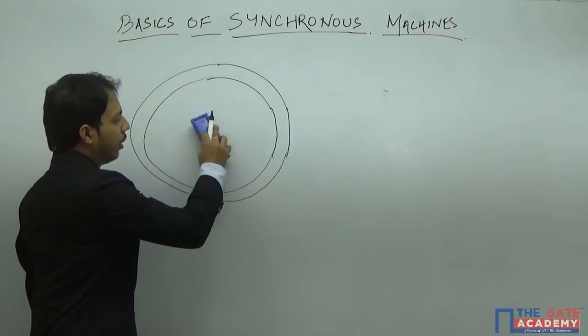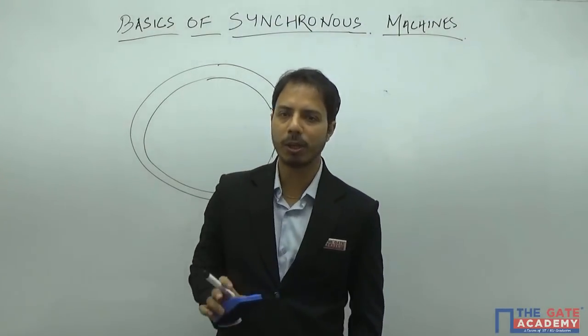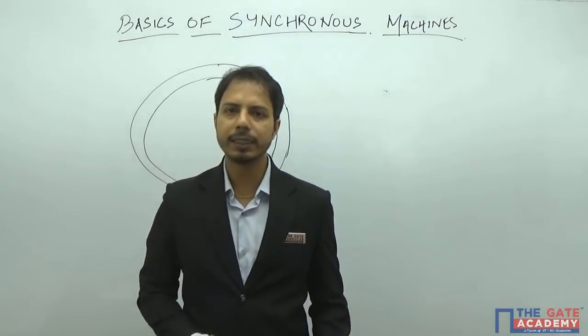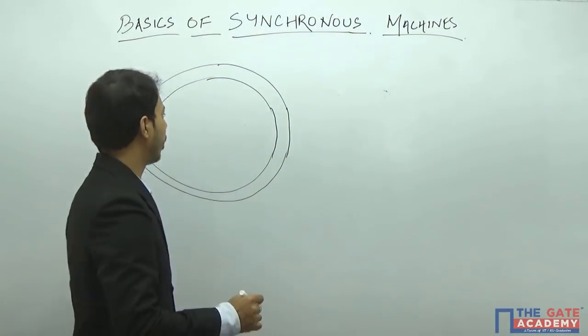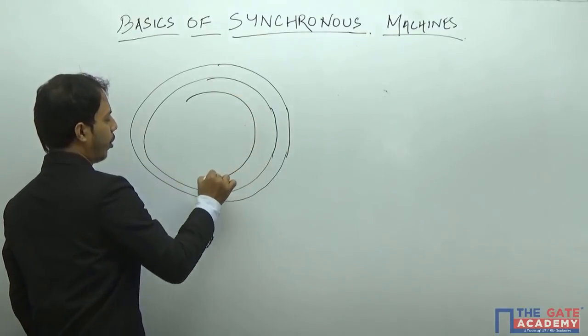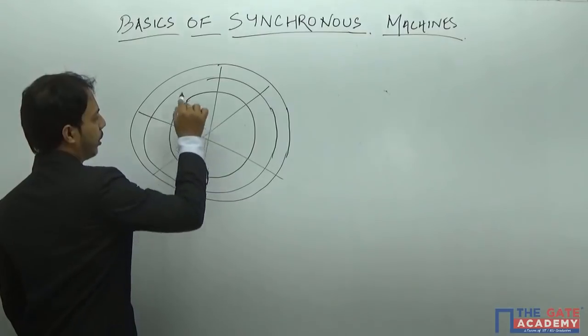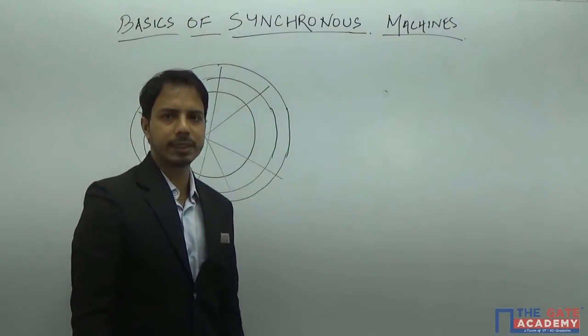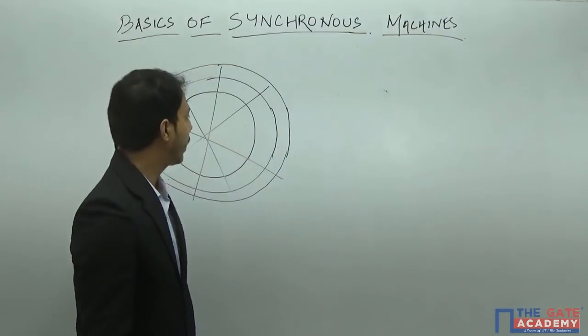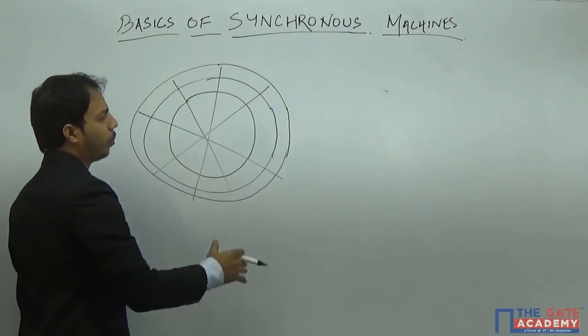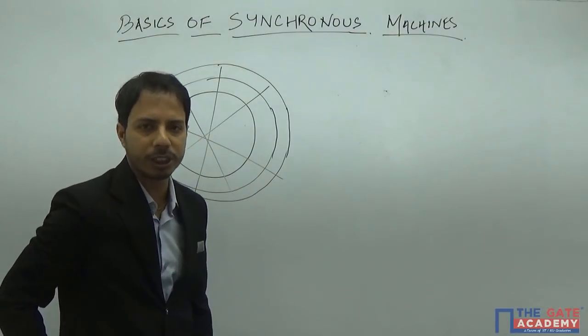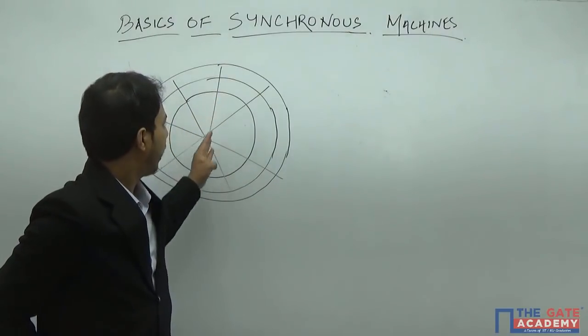Now see, the basic difference between these two types of rotors is that in the cylindrical rotor, in any path of the cross section, the reluctance is the same irrespective of the position of the rotor.